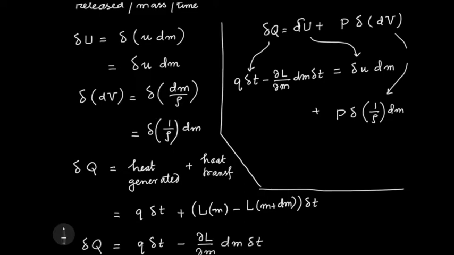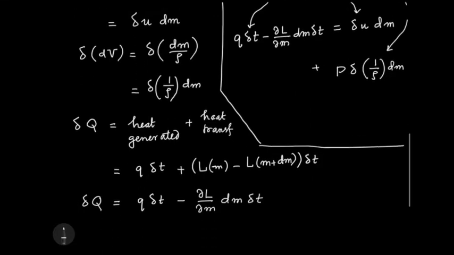If I ask the question per unit time, then you can first see that dm is there in all of these quantities, and again I forgot a factor of dm here because q is again per unit mass, so I should have a factor of dm here also. So that is there in all the quantities, so that goes out. And if I divide everything by delta t, I get the time derivative.